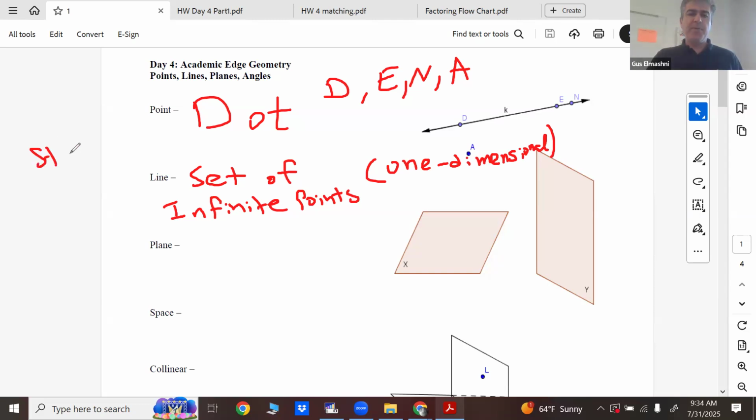Sometimes people say you have a straight line. Well, of course, all lines are straight.